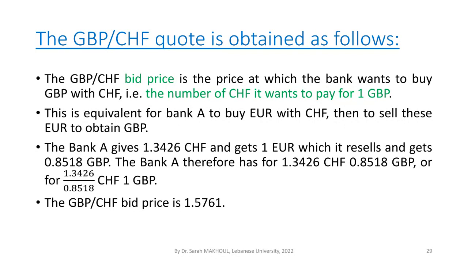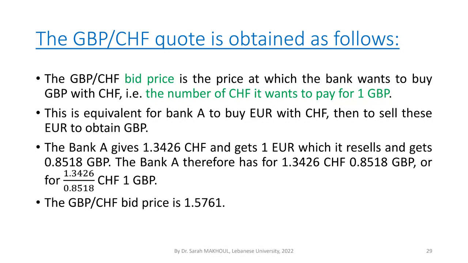The bid price of the English pound against the Swiss franc is the price at which the bank wants to buy pounds with francs. So it is the number of francs it wants to be paid for 1 single pound. This is equivalent for bank A to buying euros with Swiss francs, then selling these euros to obtain pounds.